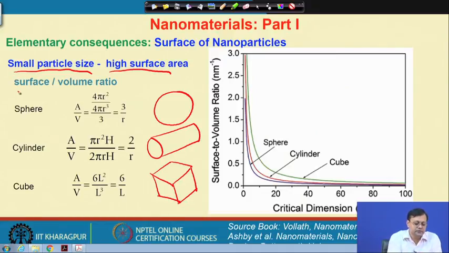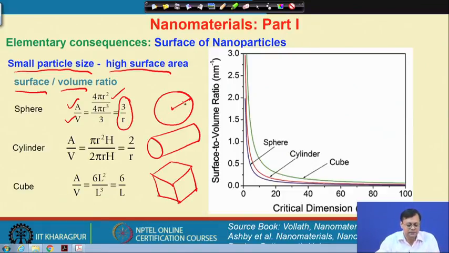The relative surface by volume ratio for a sphere, let us say the area by volume, is 4 pi r square by 4 pi r cube by 3, which comes around 3 by r. Here r is basically the radius.